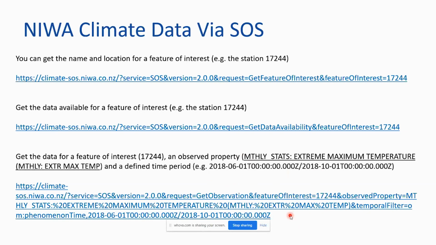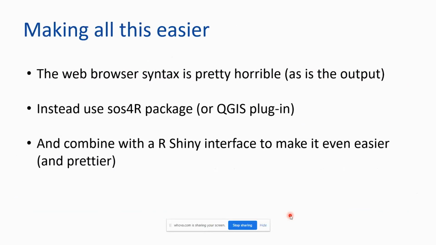So you see, you can use browser requests to get the information, and it works, and the information does come out in a reasonable format. It's XML and is readable, but from the point of view of an R user, this is difficult. The syntax starts to become pretty horrible, and the output itself, well, at least it's text, but it's not directly usable for an R user.